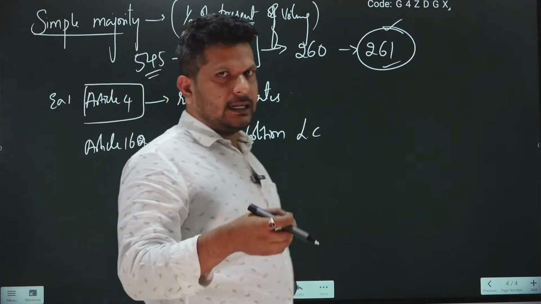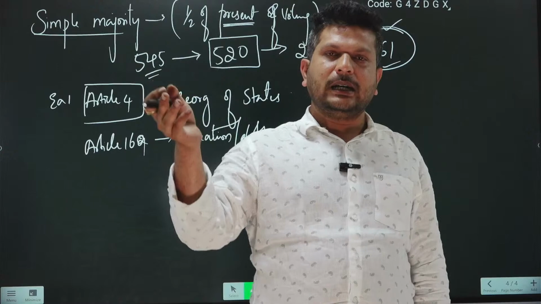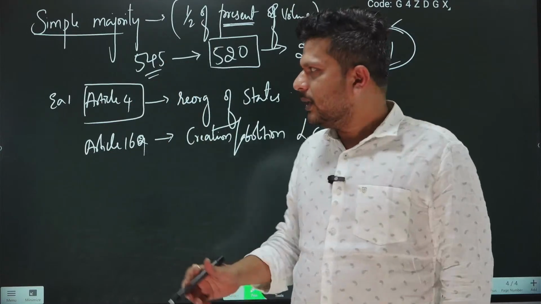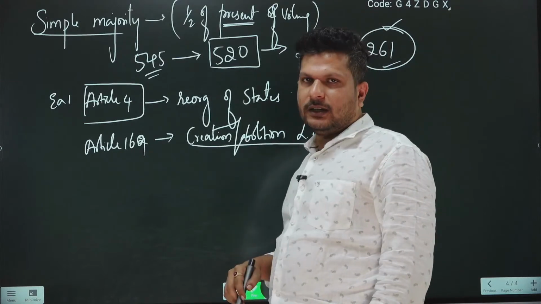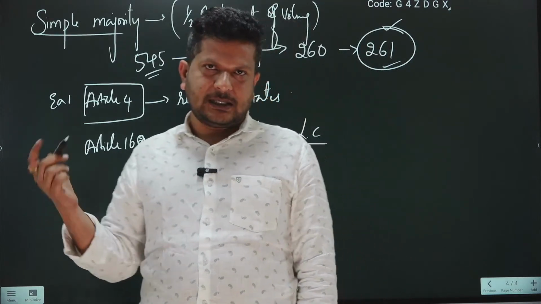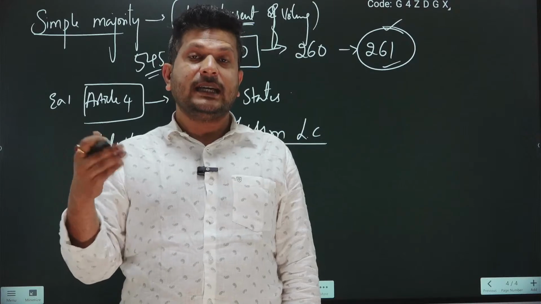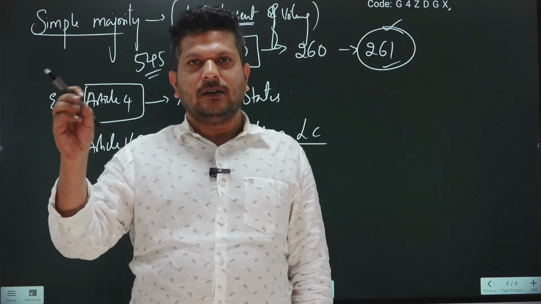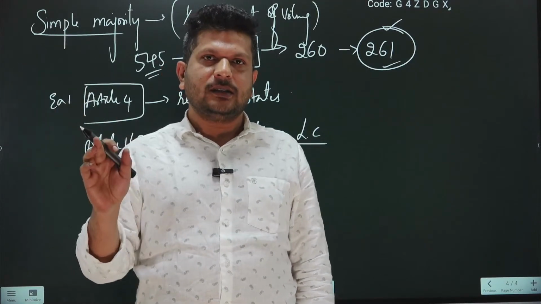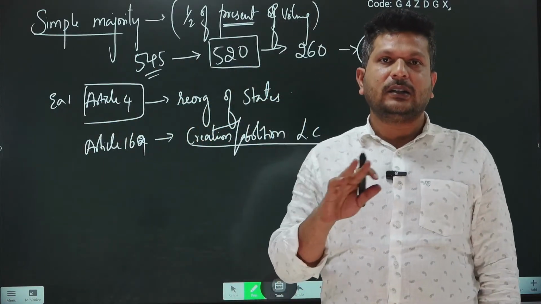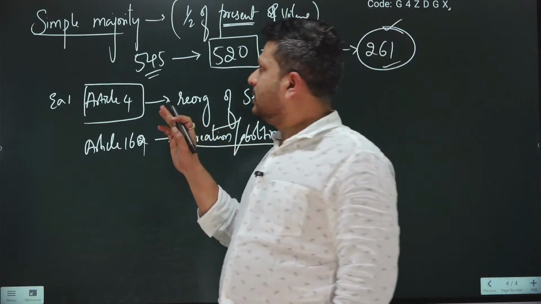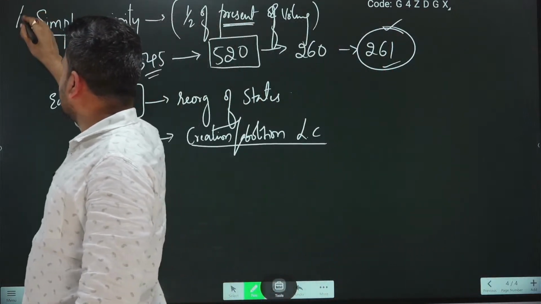Under Article 169, if you want to create a legislative council for a particular state, you can do it by just simple majority. These are the examples of changes which can be done with just simple majority, that is, half of the members present and voting, not the total membership of the house. So very clearly understand this concept.